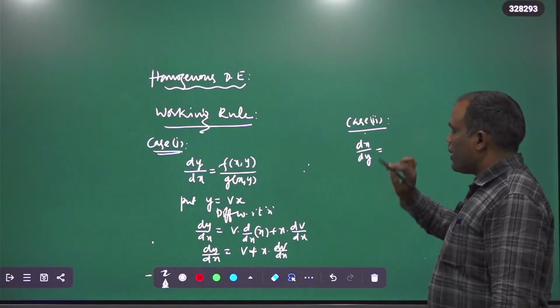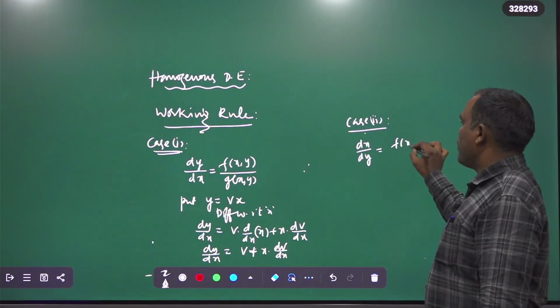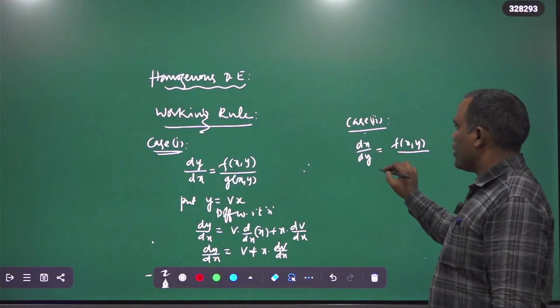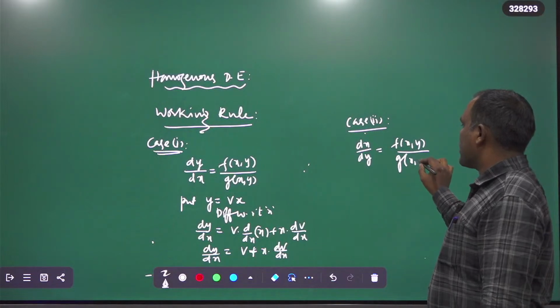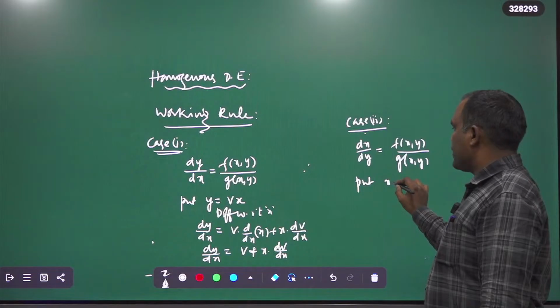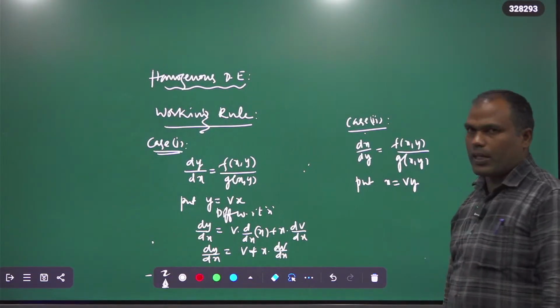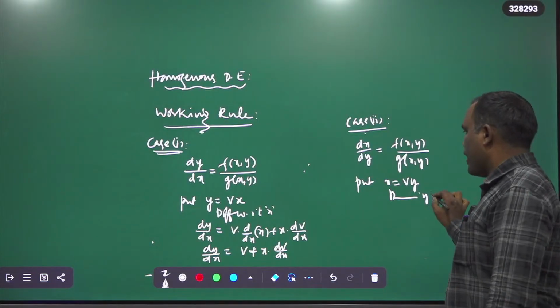So whenever a differential equation is in the form of f of dx by dy equal to, now g of x comma y is given, we should put x equal to vy. Now we should differentiate with respect to y.